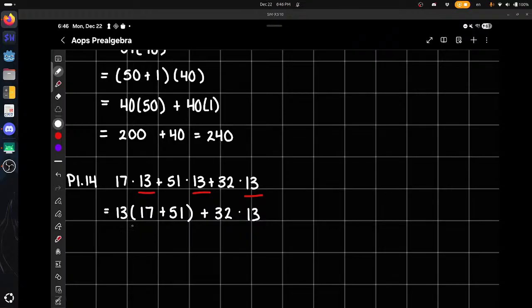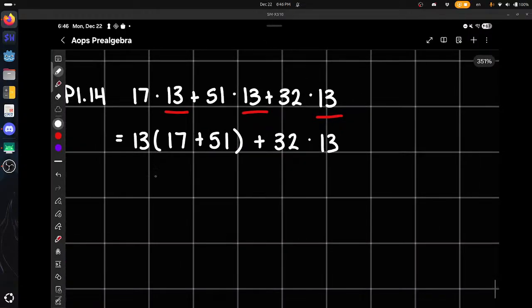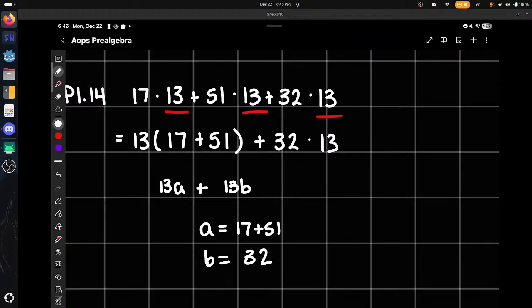We have to represent this whole expression as just another number, because then we can easily see, for instance, if we just ignored these numbers here and said that was A, and then we did a 32 times 13, or just ignore that 32 and pretended it was a B. So A equals 17 plus 51 and B equals 32.